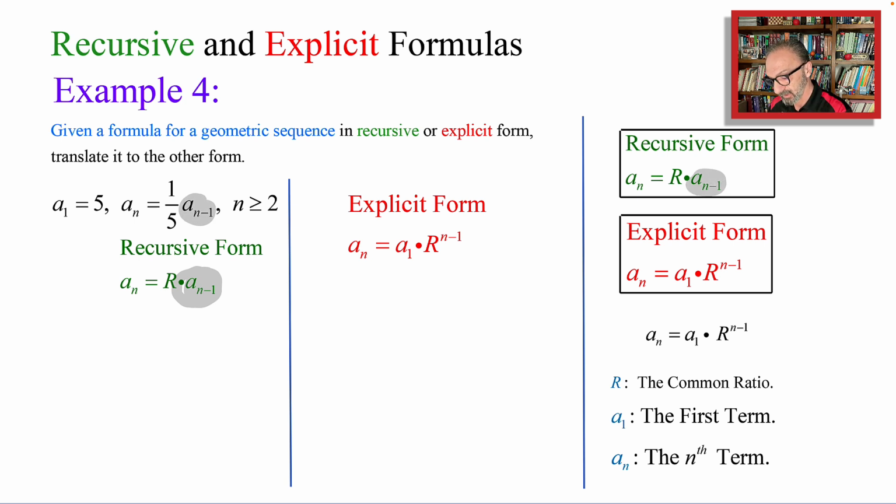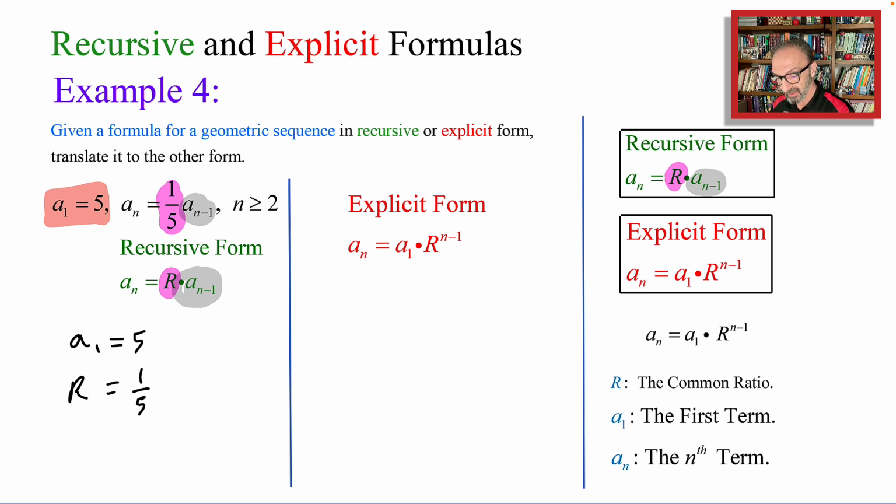We have in the front r, that is the common ratio, and we have a sub 1 equals 5, which we needed for the formula. So that says that we have a sub 1 equals 5 and r equals 1/5.